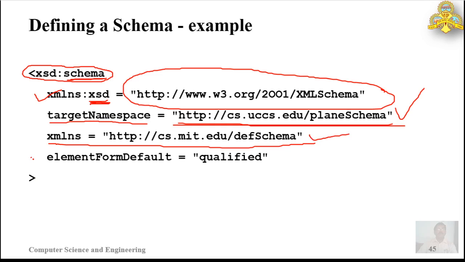And the element form default is required if I'm providing a default namespace. If a default namespace is not mentioned, then these two lines can be omitted.